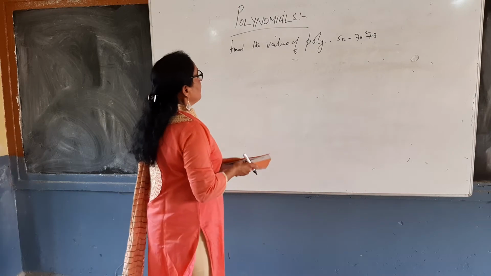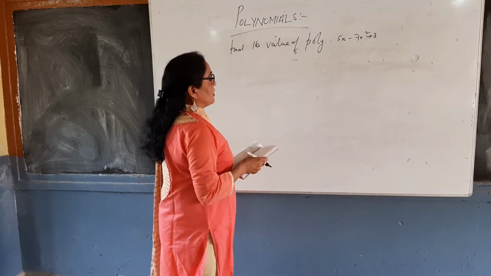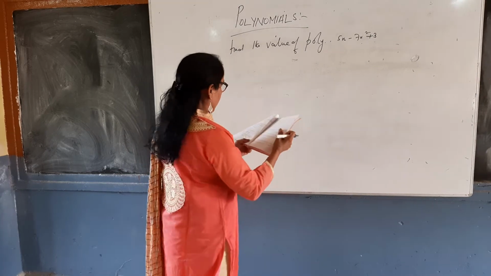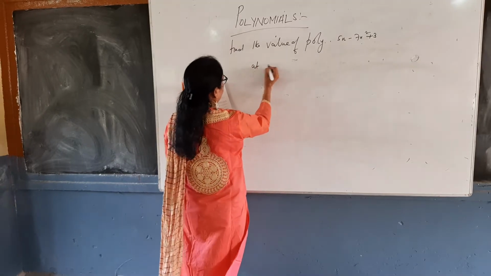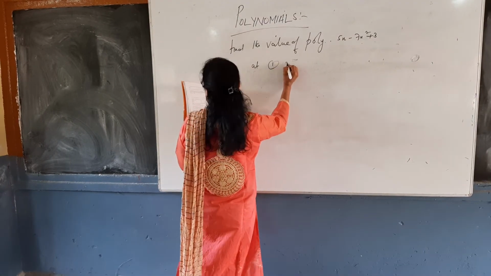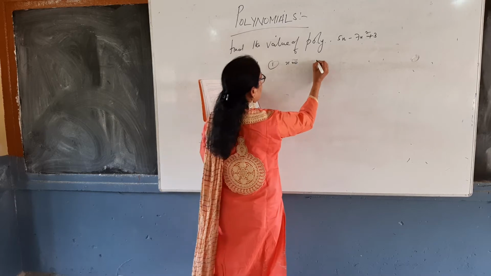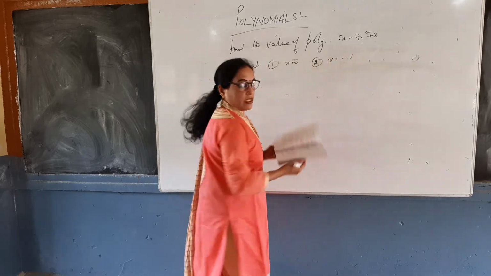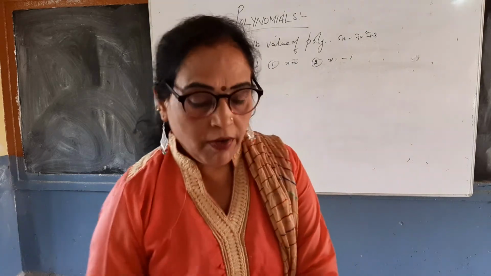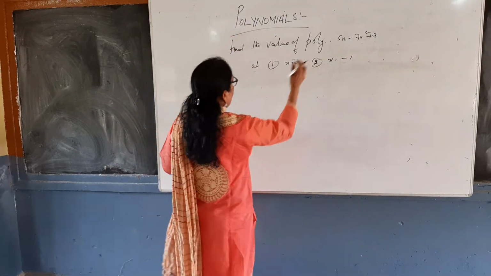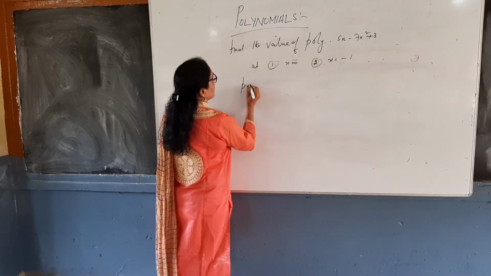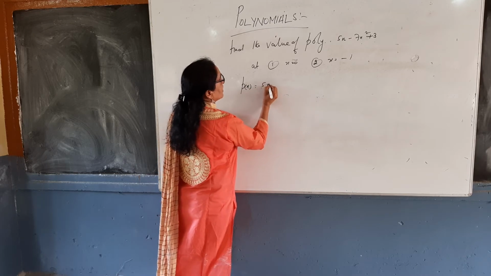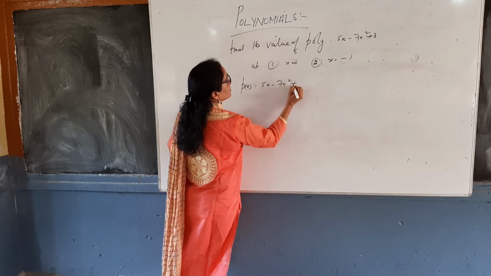Here, find the value of the polynomial 5x - 7x square + 3 at the values given: at first x is 0, and second at x equal to -1. So we will denote this by p(x). p(x) is equal to 5x - 7x square + 3.